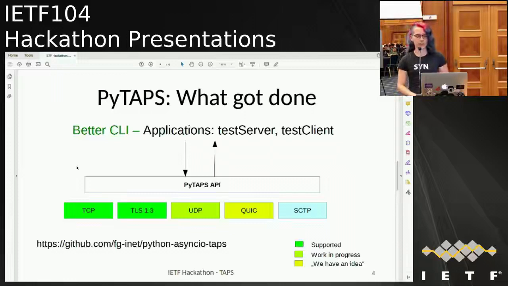So we can now use TCP and TLS within our API, and UDP is work in progress. There's code, not merged yet. We have an idea how to integrate QUIC into our prototype, which is quite exciting. For SCTP, we haven't had the chance to integrate it yet.